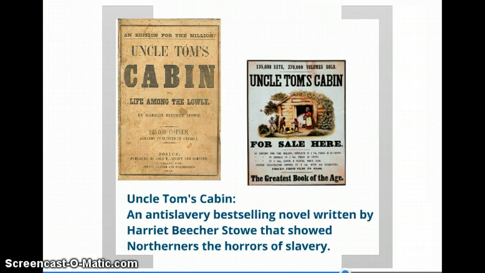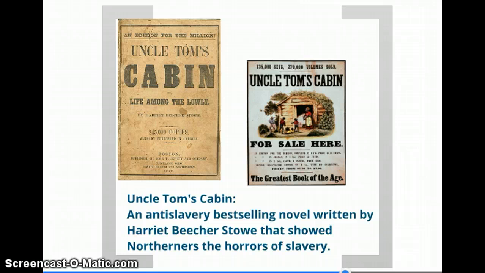The publication of Uncle Tom's Cabin was another issue in the 1850s that was very divisive. This was an anti-slavery novel that depicted the evils and horrors of slavery. It was widely read in the North, and believe it or not, most Northerners were not aware of the day-to-day goings-on of slavery. So after reading this book, many Northerners that hadn't given much thought to slavery or were unconcerned about it became abolitionists.